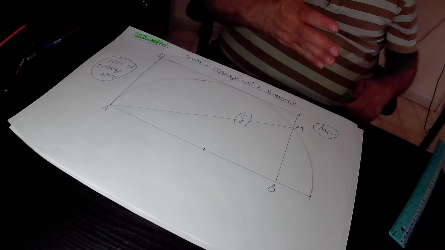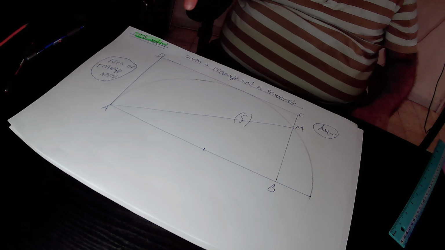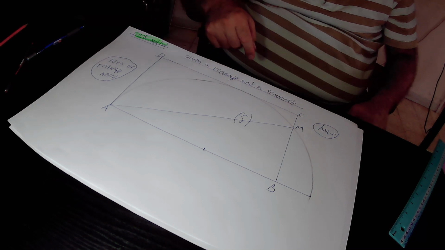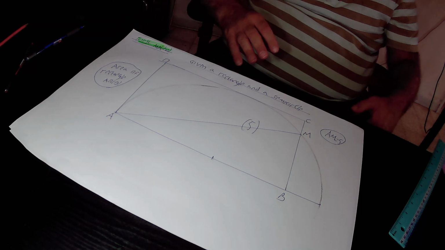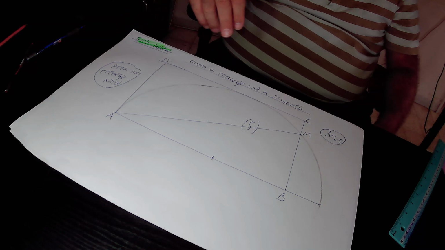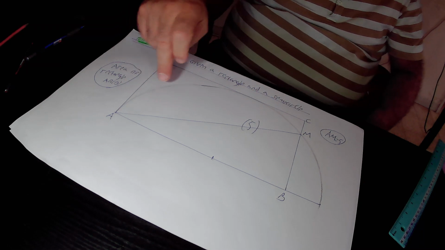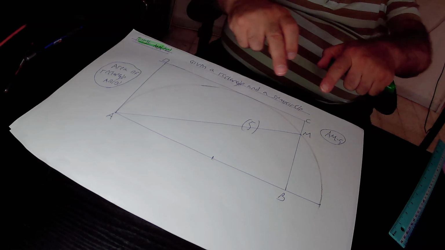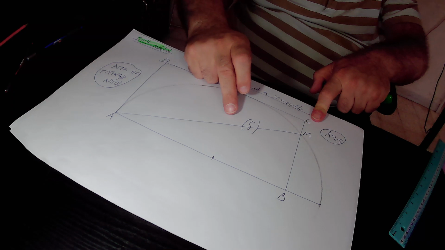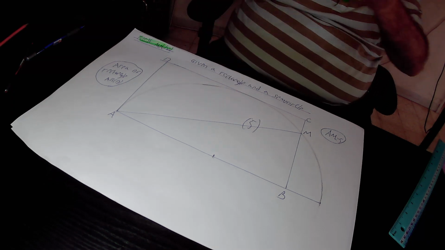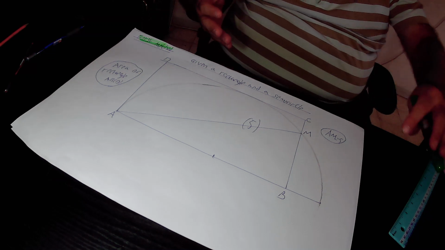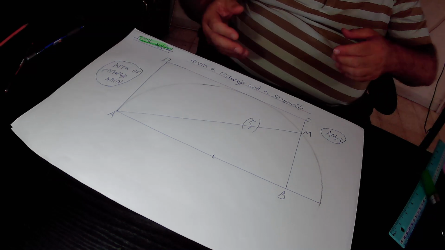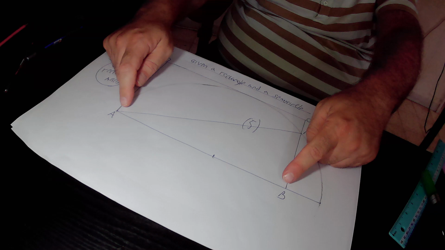Our mission in this second question is to find out the area of this rectangle ABCD. So we start with the first method. In the drawing we have rectangle ABCD, and we have also this semicircle. We know that segment MA is equal to 5 units in length. Because ABCD is a rectangle, all four angles inside rectangle ABCD are right angles.